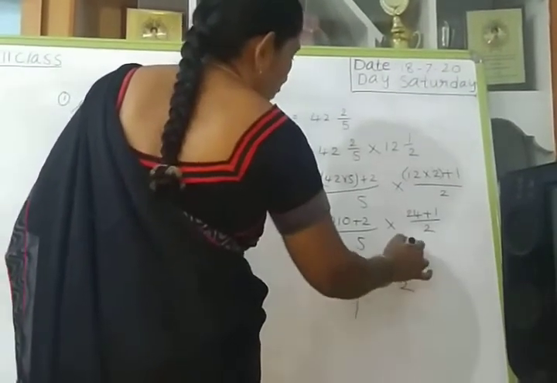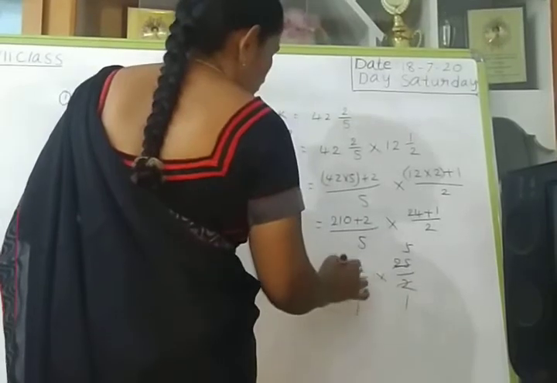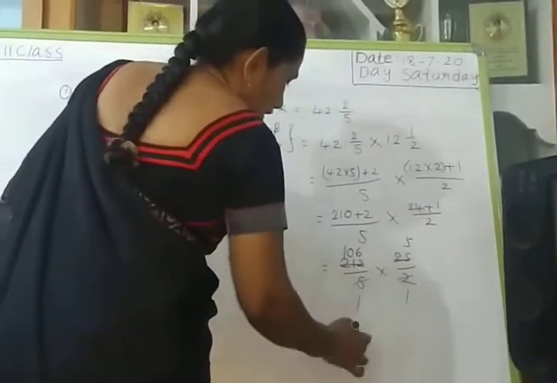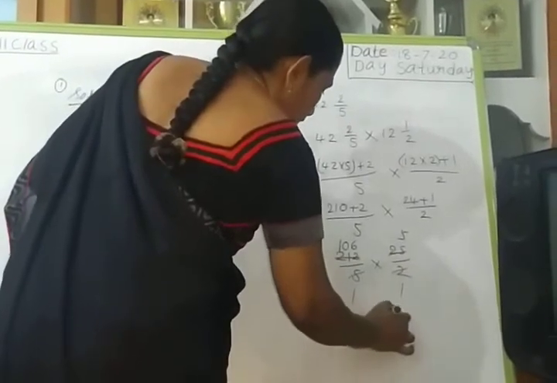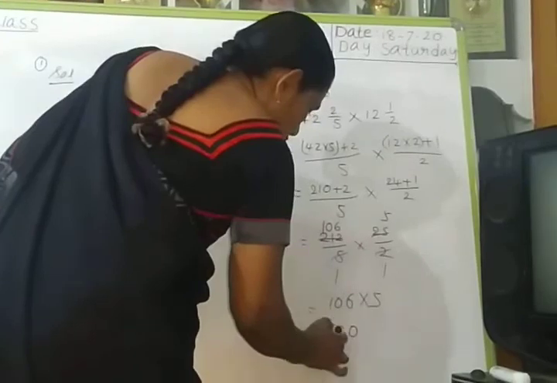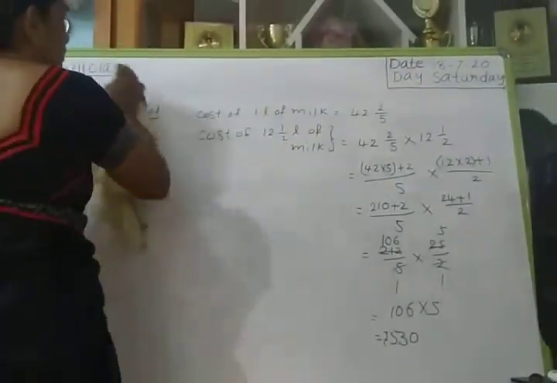So 106 into 5. 5 6s are 30, 5 1s are 5. So how much? 530 rupees. This is the first question answer.